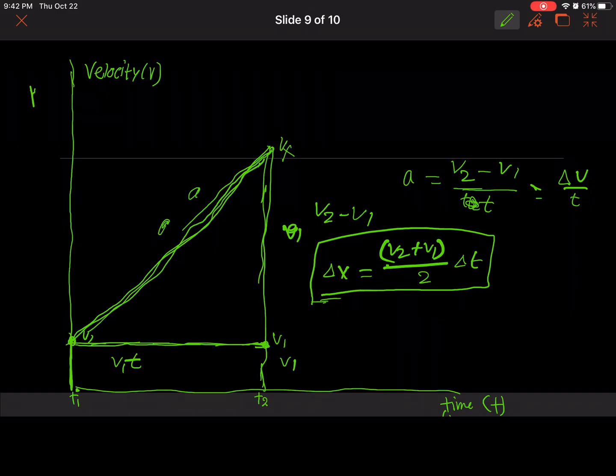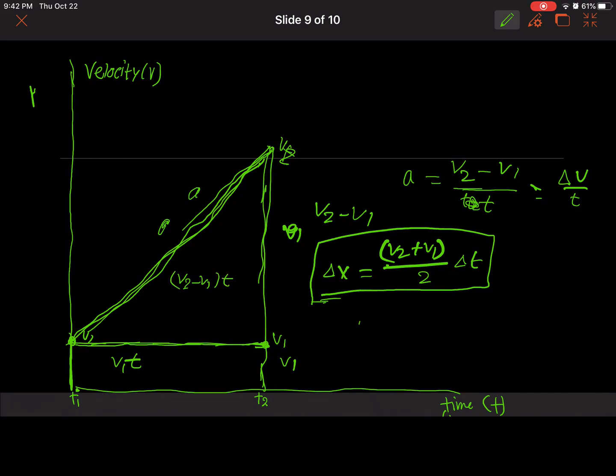Alright, if you want to represent this area in terms of acceleration, remember the area here of this triangle, we're talking about the triangle because we decided to split it into parts, you'll see why in just a second. Then it would be v2 minus v1 times time.